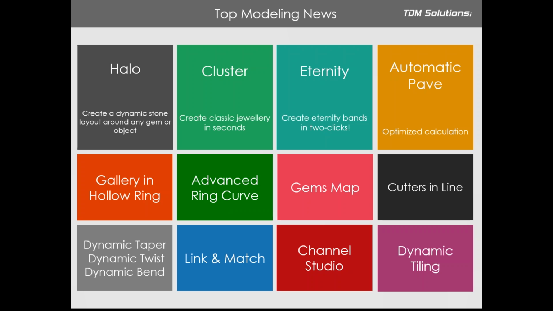Cutters in line. Also the dynamic taper, twist and bend, okay, I think we improved a lot the usability of these tools. Link and match, channel studio, we added a lot of new options in this command.